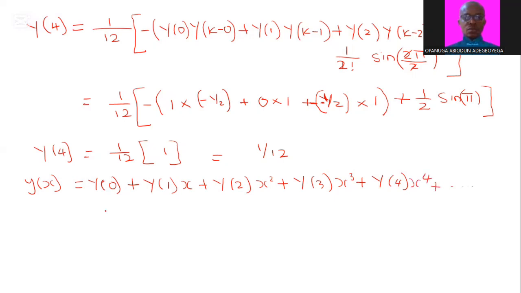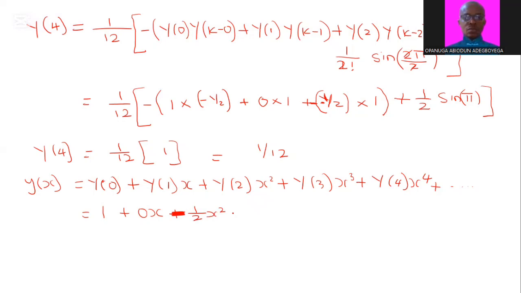So if we bring all that together, our y of 0 from initial condition is 1, plus y of 1 from initial condition is 0x, plus y of 2 from what we obtained previously is negative 1 over 2 x squared.